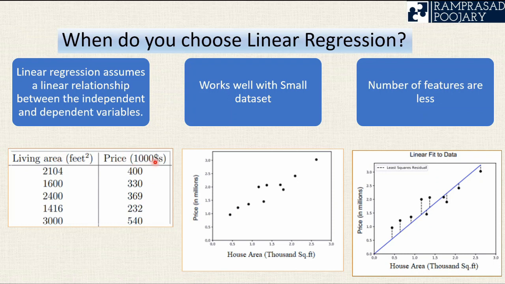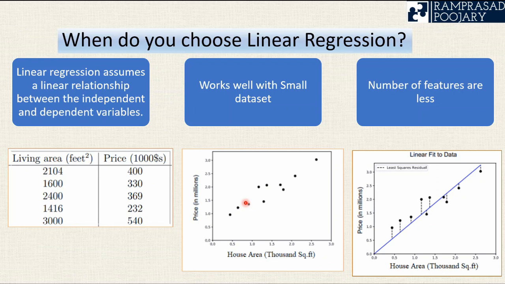Then the price, the house price, is the target variable, or y. Let me plot the graph of x and y. The x axis is house area, the y axis is price, and I can see that x and y have a linear relationship in this case. So in this case I can go for linear regression.